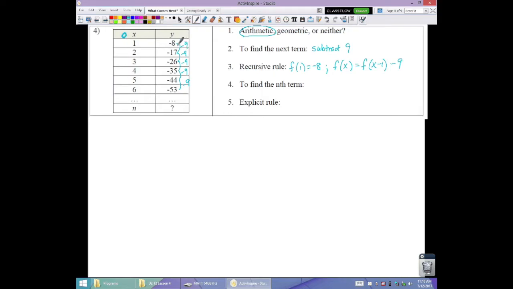So if I go back one step in the pattern, instead of subtracting 9, I would add 9. That puts me at positive 1. So start with 1, then add negative 9 or subtract 9 n times.